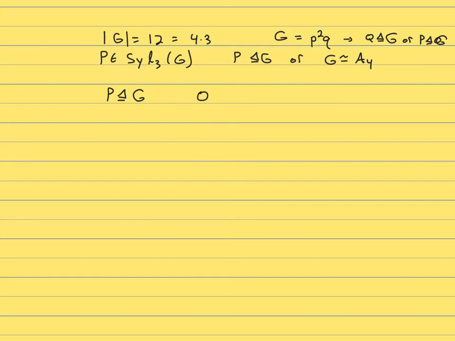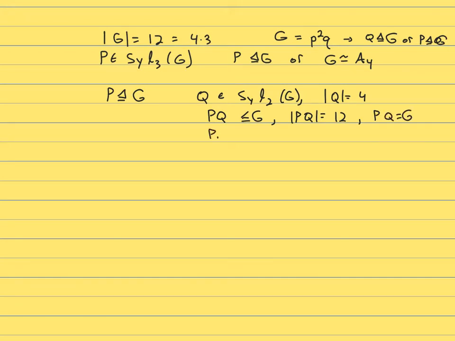And note, of course, that a Sylow 2 subgroup exists, and, of course, its size is 4. And so, because P is normal in G, P times Q is, in fact, a subgroup. And its size has to be 12, because 4 and 3 have no common factors, so in fact it's the whole group.